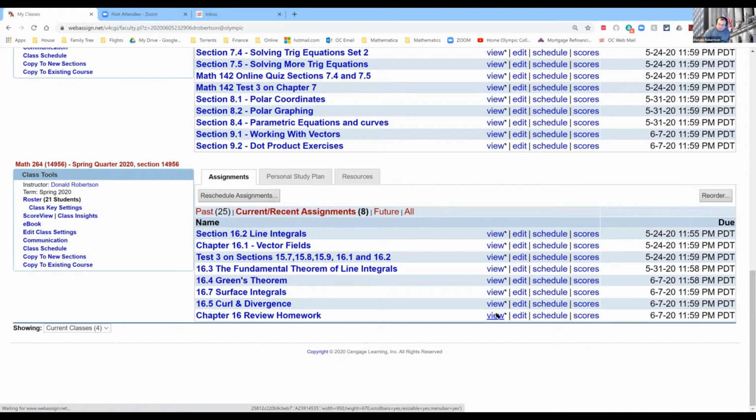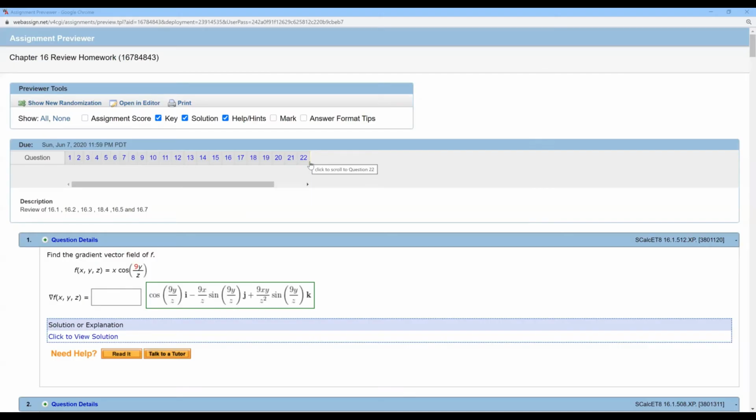See, I only have 22. Can you see view mode? It's loading for me. It hasn't showed up on screen yet. Right, okay, I have to go out and then. You see, in view mode, I only have 22 questions. You see the bar? Can you see the bar? You see the scroll bar on the bottom?